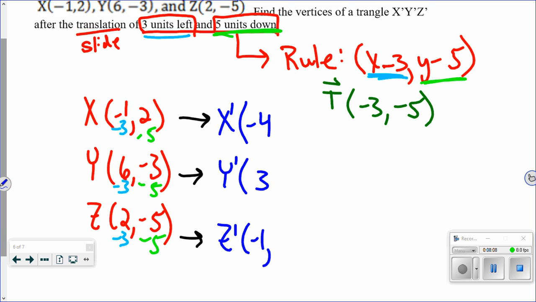So 2 minus 5 would be -3. -3 minus 5 would be -8. And -5 minus 5 is -10. So this is another way we can do translating. We just need to use the rule, and the rule tells us what to add and subtract from the x's and the y's to go from our pre-image to our image.